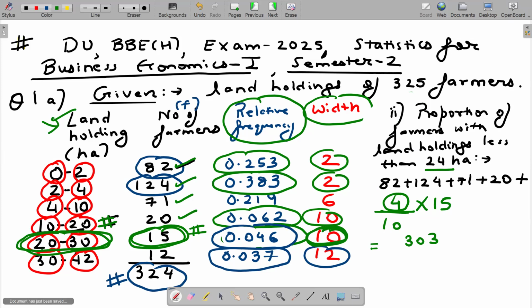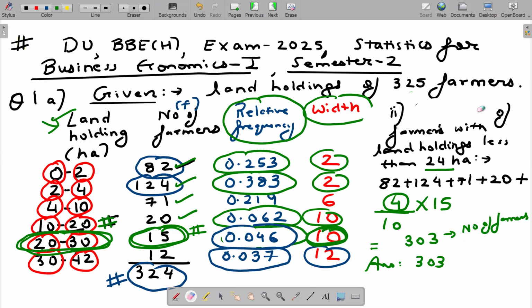So how many farmers have holdings less than 24 hectares? These are the number of farmers. We first calculated the number of farmers with holdings less than 24 hectares, which is 303. Now, how do we find the proportion?